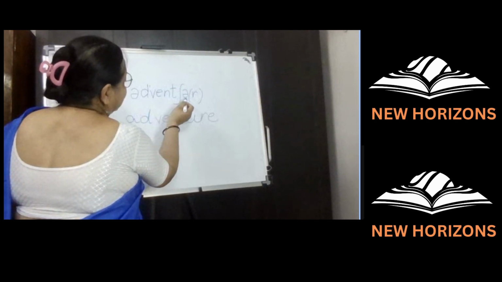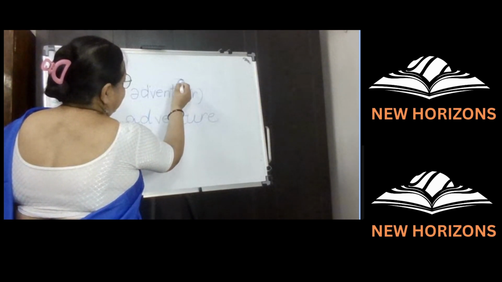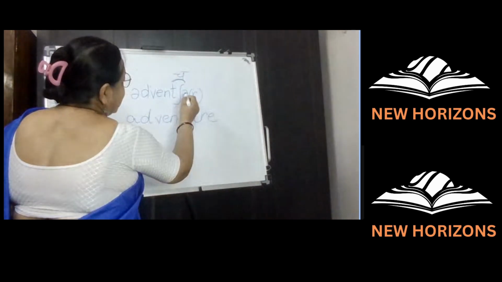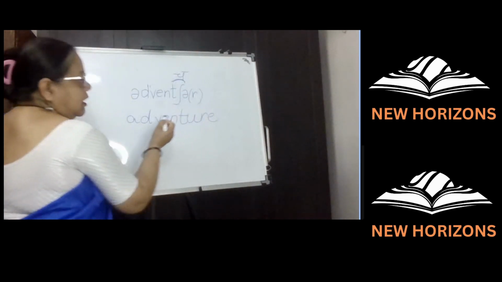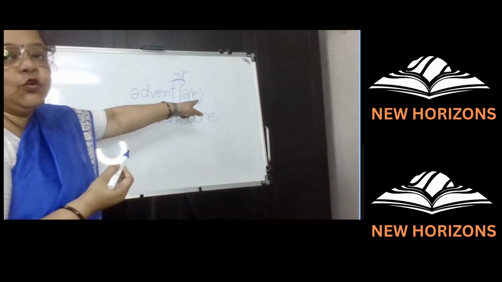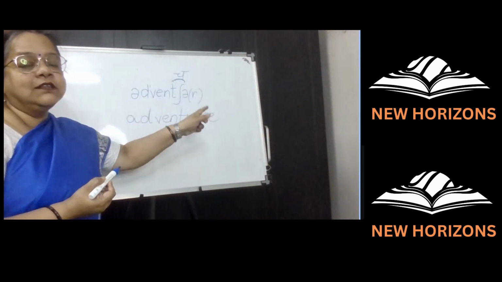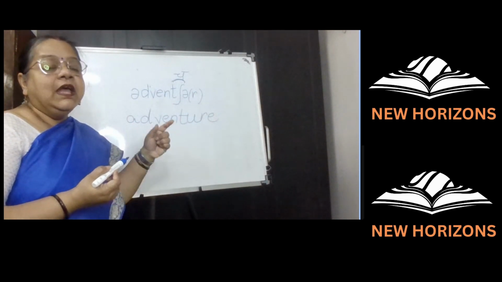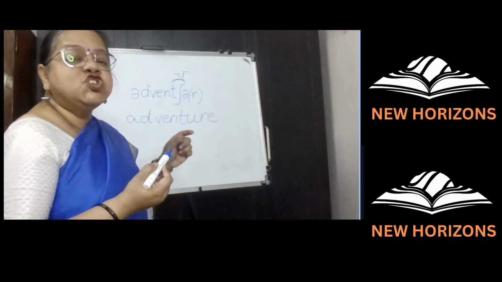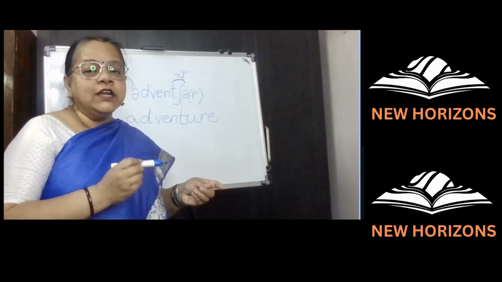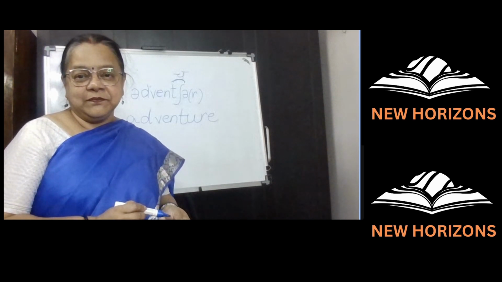When. Ch. T and this sound together. Ch. Adventure. Why do you think there is a bracket over here near R? Because we are not saying R completely. It is adventure. So, did you enjoy today's class, children?